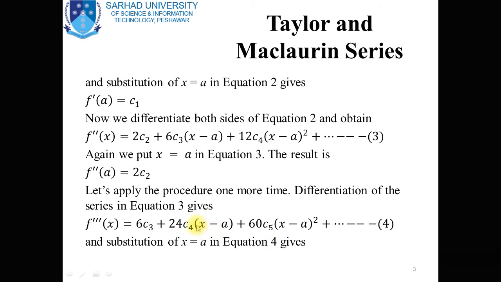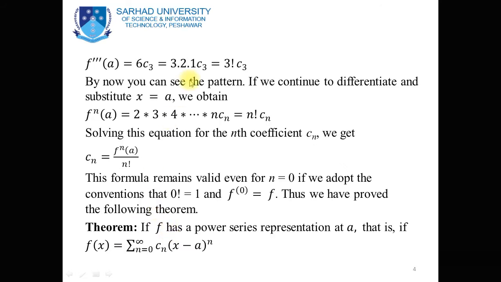So if we again put in this equation x is equal to a, then this term will be 0, this term also will be equal to 0, all other terms will be equal to 0, but we obtain f triple prime, the third time derivative of the function will be equal to 6 into c3, like you see over here.